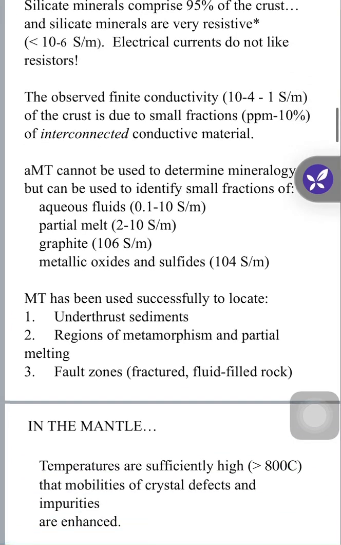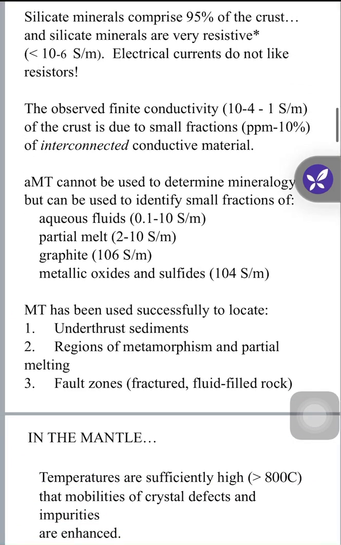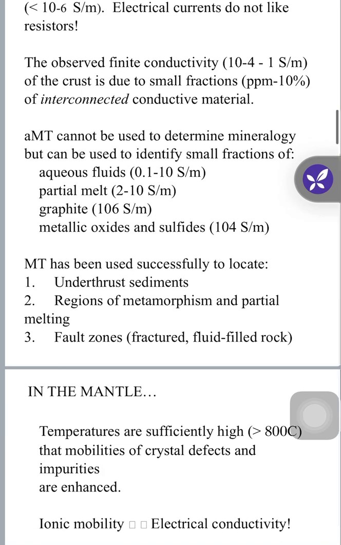The magnetotelluric method has been used successfully to locate under-thrust sediments, tectonic frameworks, regions of metamorphism and partial melting, and fault zones as well.